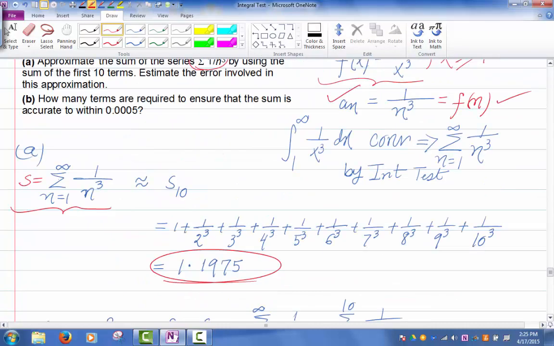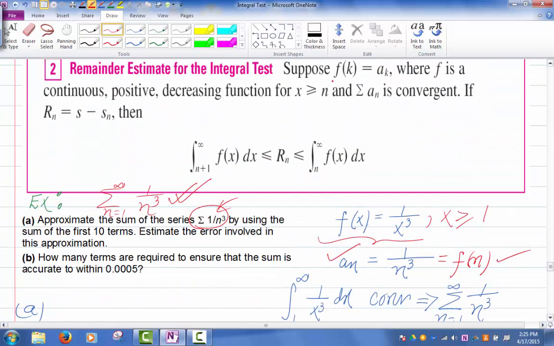Now, part B of this same question is that we saw that if I use only 10 terms, then I get an estimate of the actual sum of the series, where the error is as bad as 0.005. It's no worse than 0.005, the error.